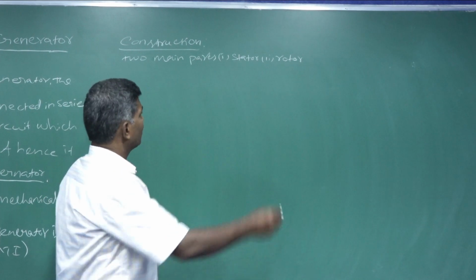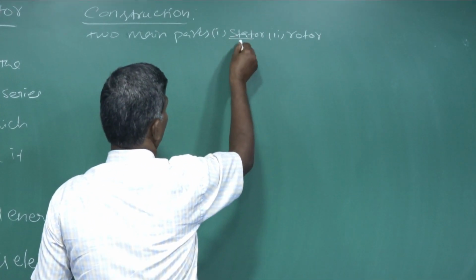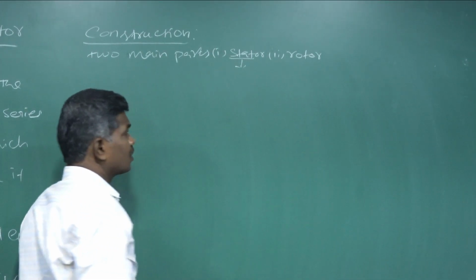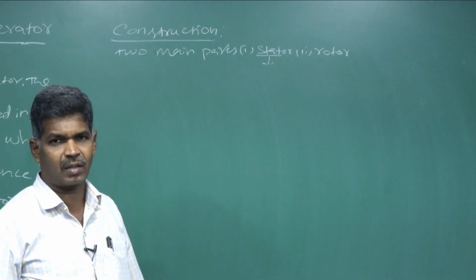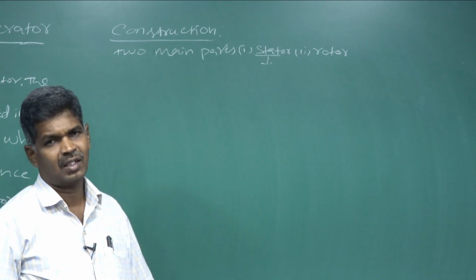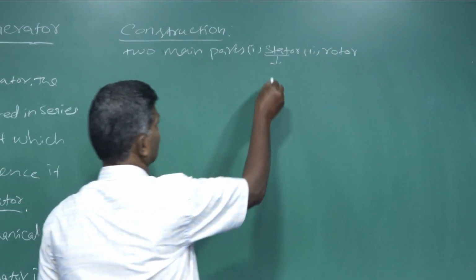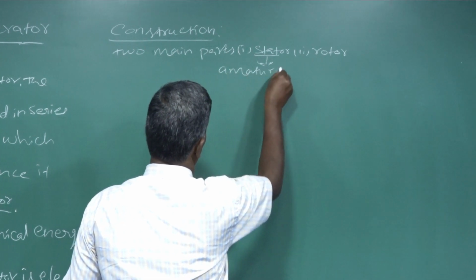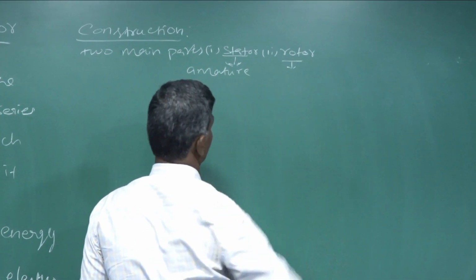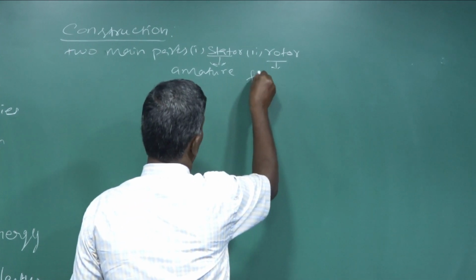In our circuit, the armature acts as a stator, and the field magnet acts as a rotor. That is, the stator is the armature, and the rotor is the field magnet.